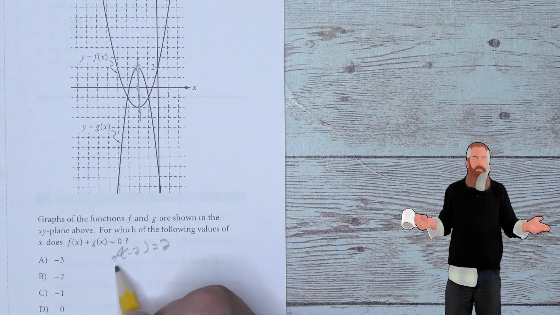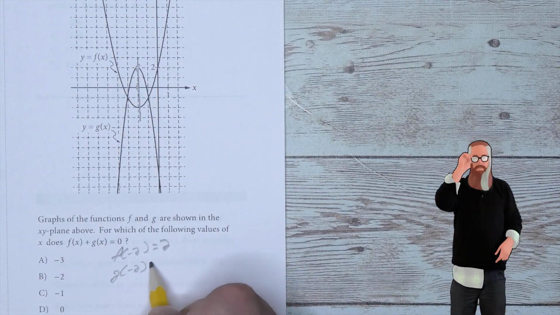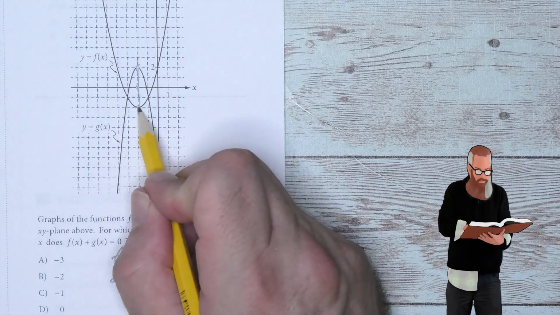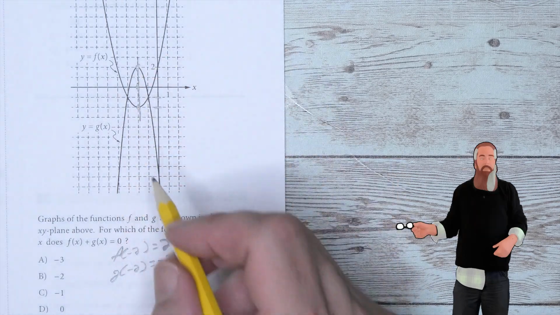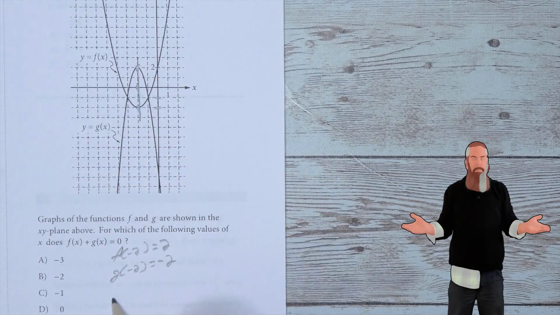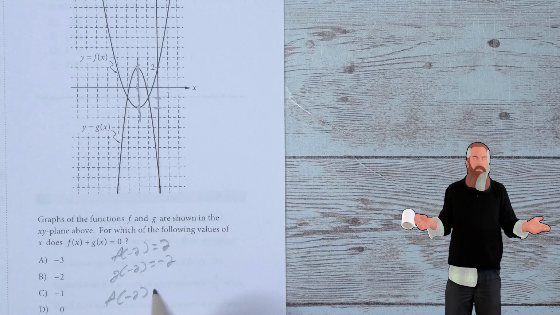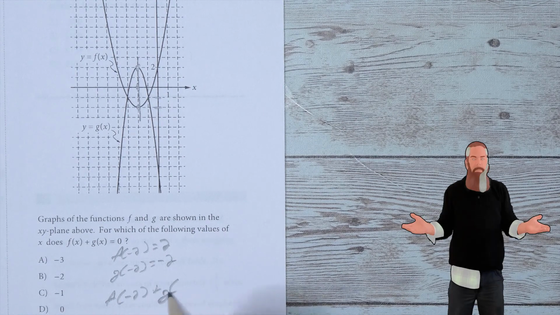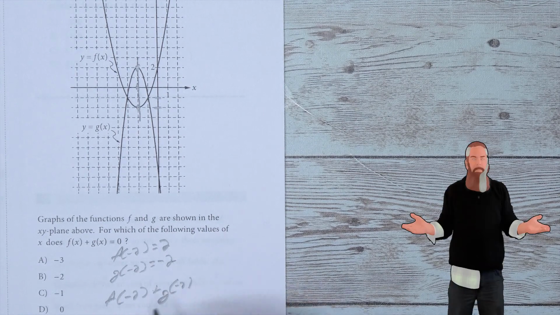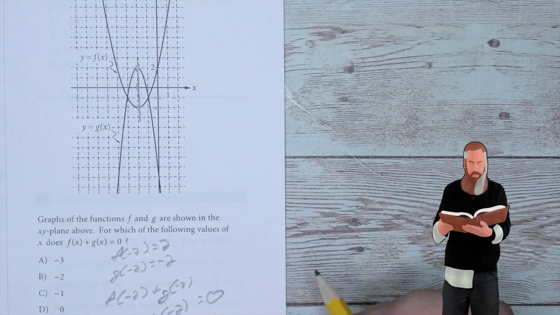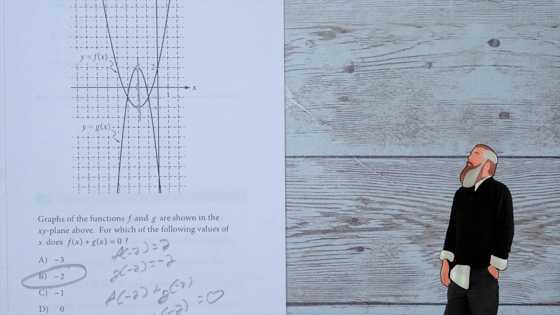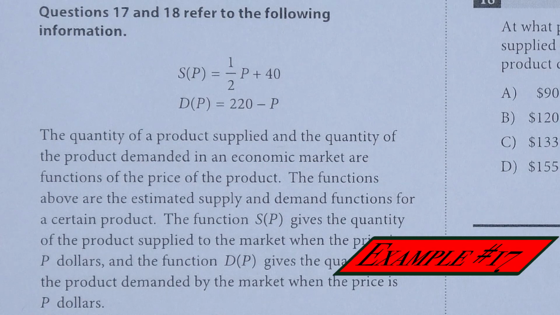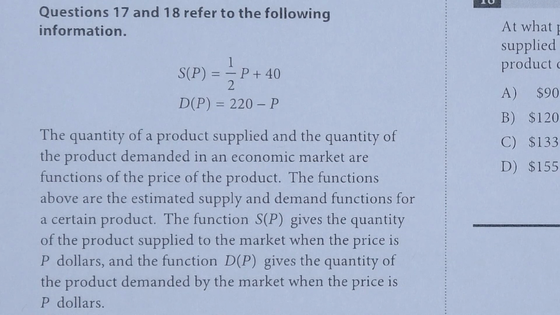And I know that if I had g(-2), this would be equal to -2 by counting down 2. So just looking at those centers, this means that if I had f(-2) + g(-2), I would have 2 plus a -2, which is 0. So for what x value? -2, B.